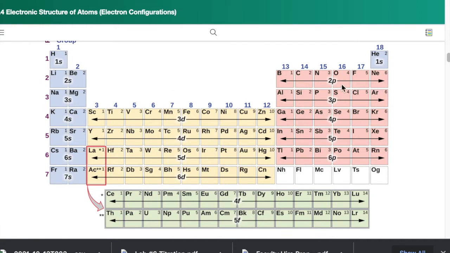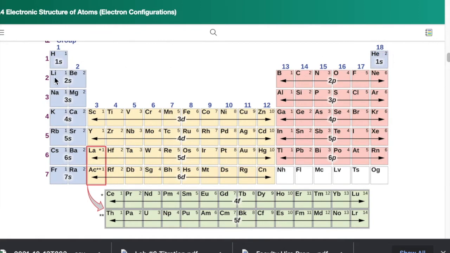This tower over here is much thicker. It's 6 columns because the p orbitals take 6 electrons before they're filled up. So the first orbital to fill up, these little turrets over here, is the 1s orbital. Only 2 electrons fit in there, one for hydrogen and one for helium. After you get to helium, you're done with the 1s.